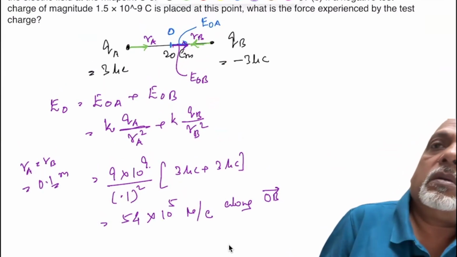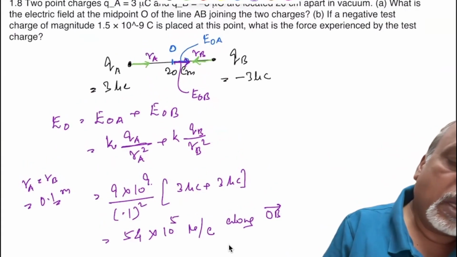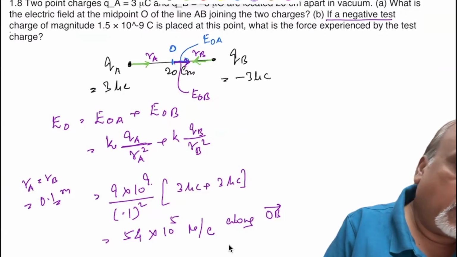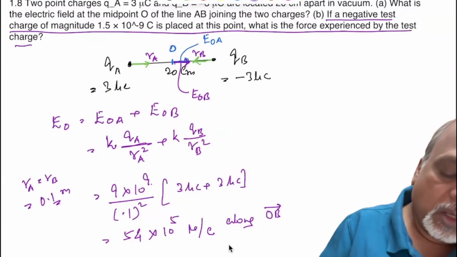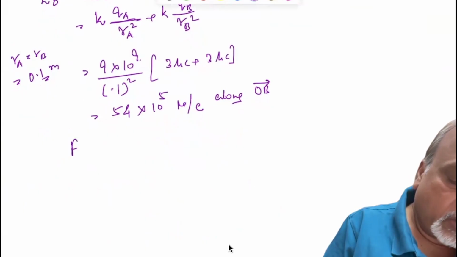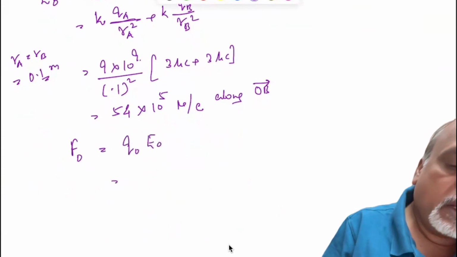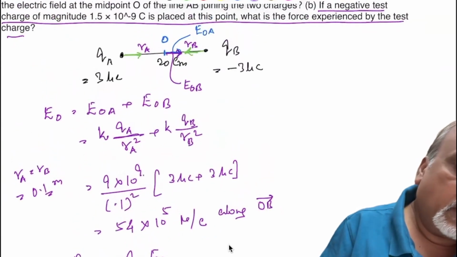So that is the electric field at O. Now, if a negative test charge of this magnitude is placed there, what is the force experienced by the test charge? The force FO will be Q0 into E0, and here a negative test charge is there.